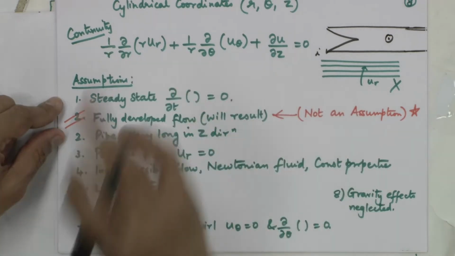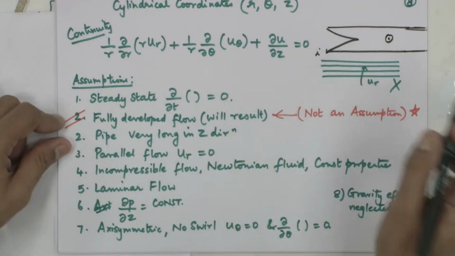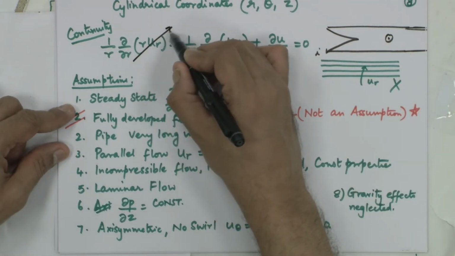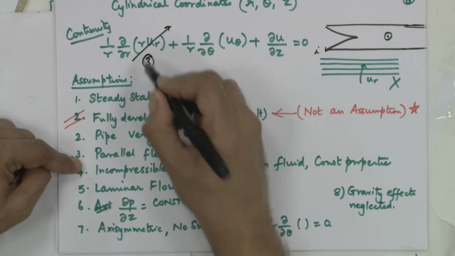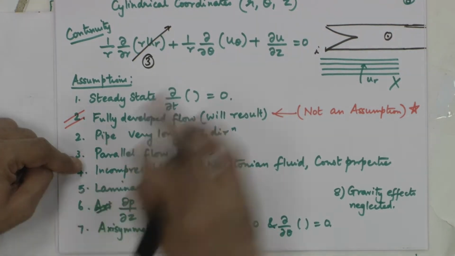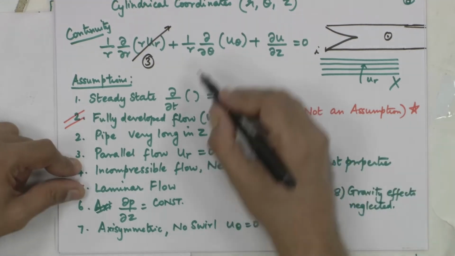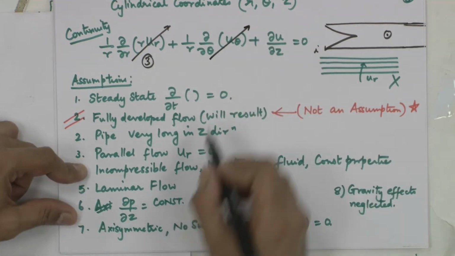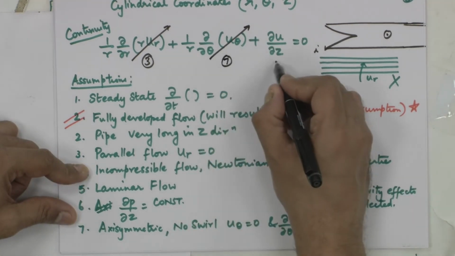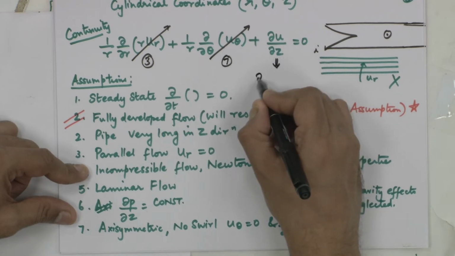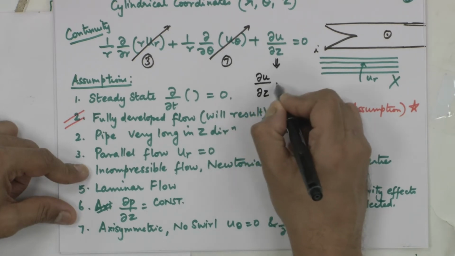Steady state, we have already dropped the term. u r is equal to 0, from assumption 3, so this term goes to 0. u theta is 0, or d by d theta of any quantity is 0, from assumption 7.